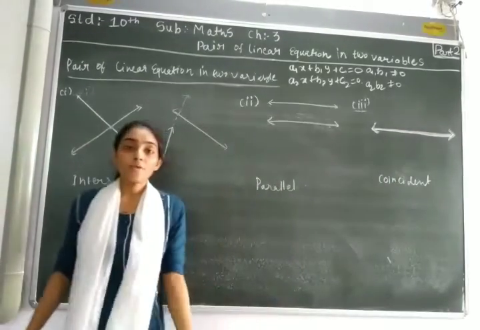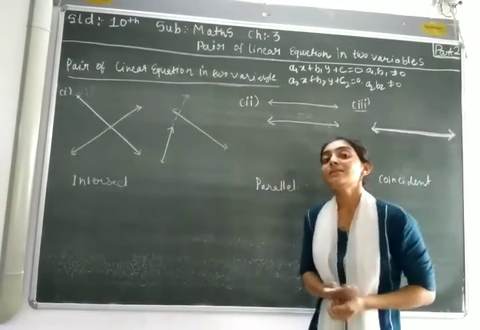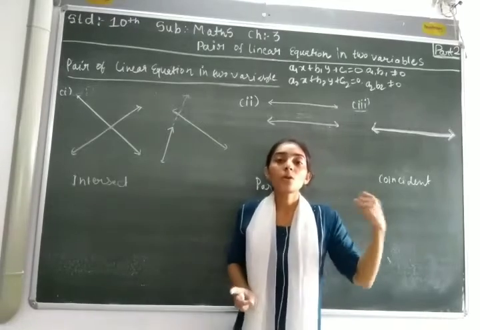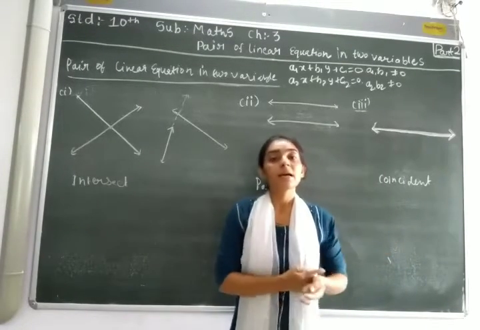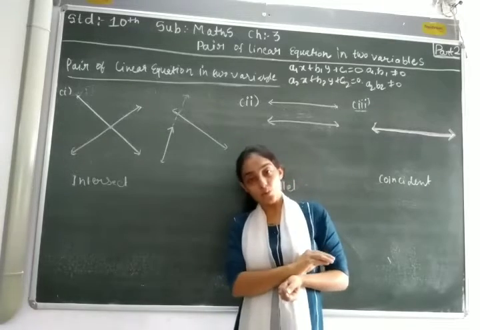So now we talk about its solution. What is the solution of these two equations? If a pair of linear equations is given in your question, how can you find its solution graphically?